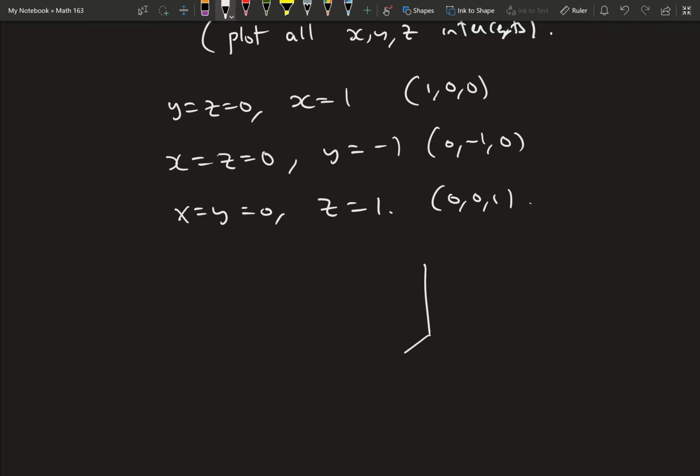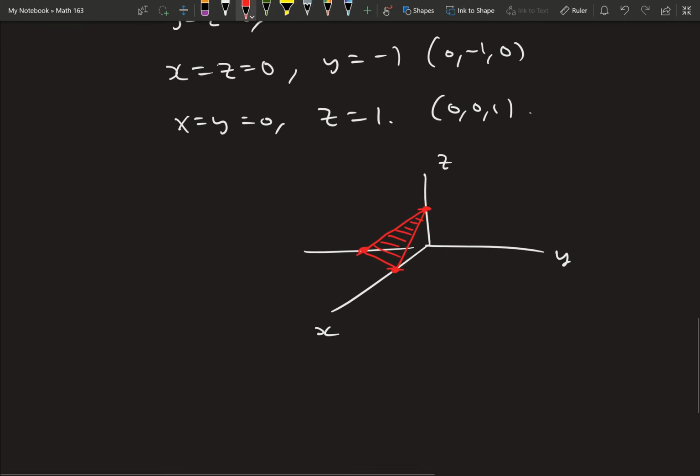And we can plot the graph as follows. I'll plot the graph in red. So we have (1, 0, 0), (0, -1, 0), and (0, 0, 1). And so we can just draw, if you will, the triangle portion of the plane. Of course, it's not limited to the triangle. The full plane will be extending that triangle off to infinity.